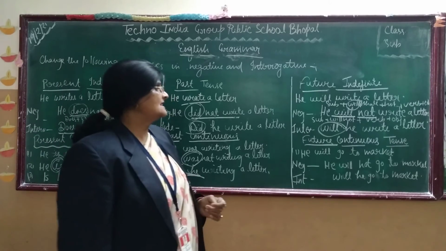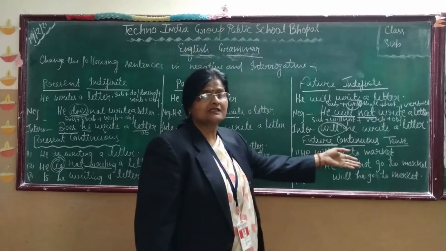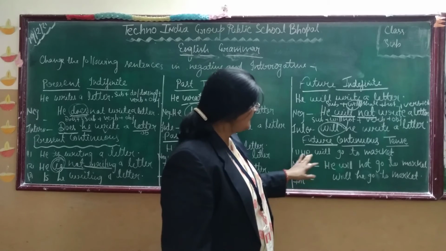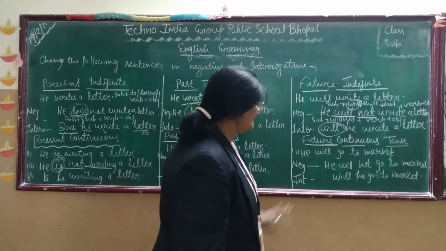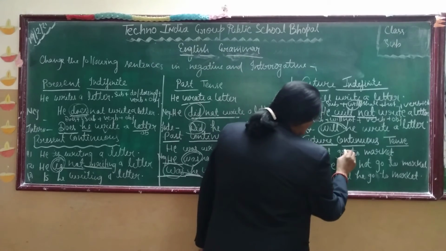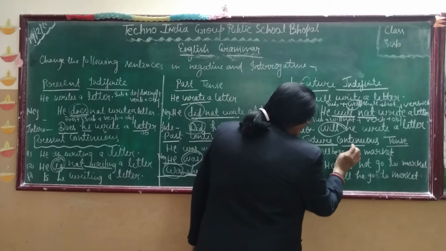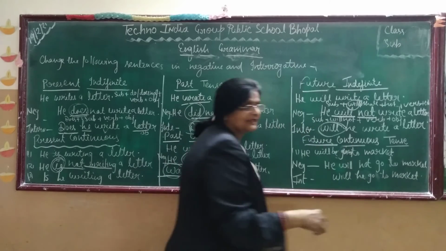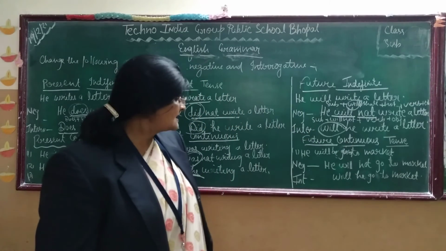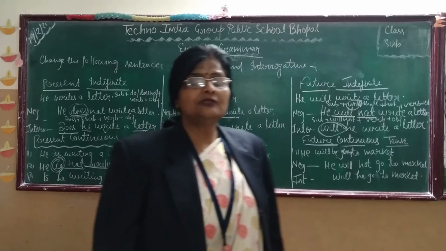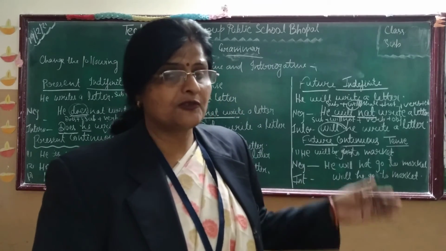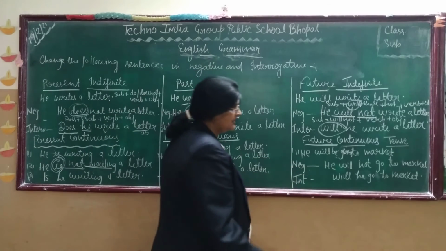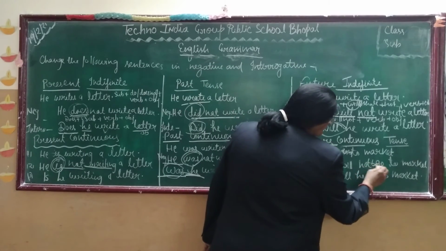Okay? Next is future continuous tense. In future continuous tense, if suppose he will go to market. Oh sorry, he will be going to market. He will be going to market. वो market जा रहा होगा. Clear? If we want to change into the negative, future continuous negative sentences, there is he will not be going to market.